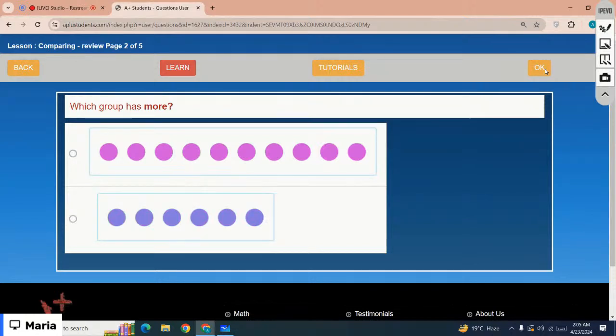Which group has more? Which is the correct option? Pink or blue? Yes, pink group has more dots than blue, right? Option 1 is the correct option.